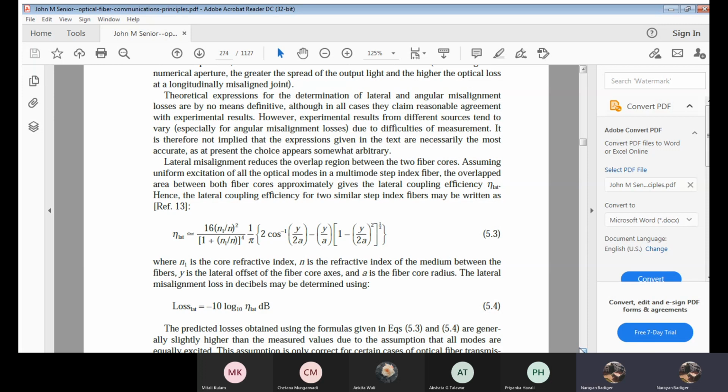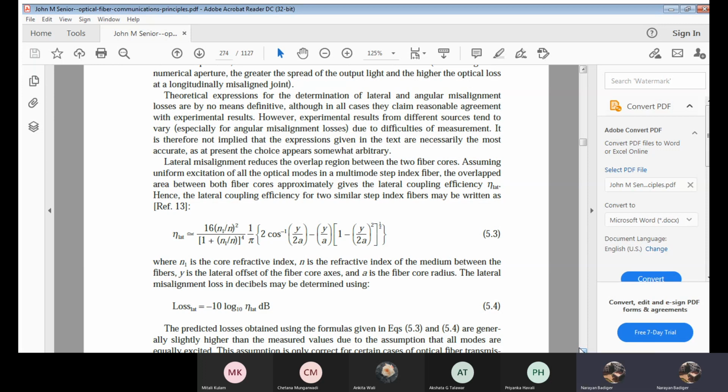Two groups of workers have done research, and based on experimental results they agree that the longitudinal losses are very small, and they do not agree that there is any significant loss there. Experimentally they have proved it.